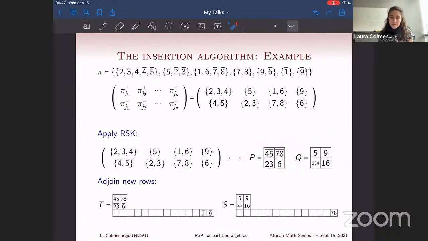Now I'm going to add a whole row of empty cells, and then I'm going to add the non-propagating blocks. In this case, the non-propagating blocks were this one and these two. I have the 1 bar and 9 bar here and the 7, 8. And what happens here is that the total number of boxes equals n.